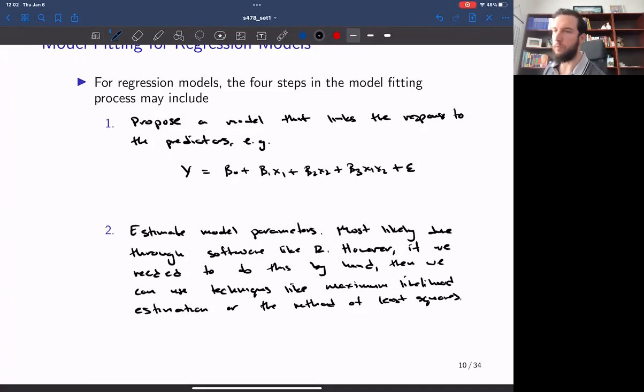So these would be different ways that we could accomplish this goal. Okay. And of course, maximum likelihood estimation is the approach that we're going to see throughout the semester. So this is typically how we fit the models that we're going to be studying in this course.